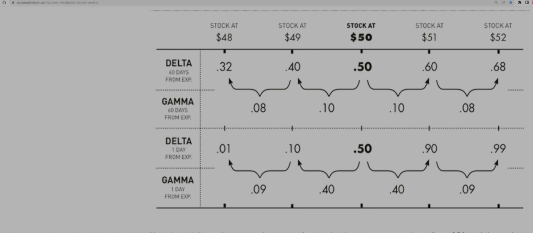The stock is at $48 and the delta is 32 cents. The stock goes up $1 to 49. The gamma is 8 and delta 32, this plus this is 40, so it goes up to 40 cents. That's how they explained it.